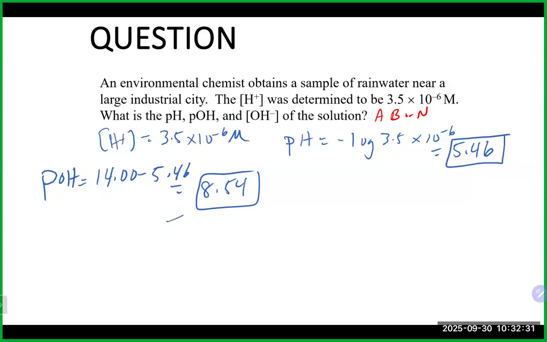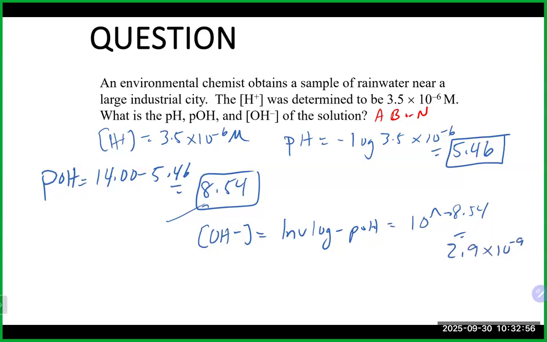And since I now have the pOH, I could easily get the OH minus concentration by taking the inverse log of the minus pOH. I could also use Kw if I wanted to, which would give me something like this here. And that would get me, it's like 2.9 times 10 to the minus 9 molar in this case.